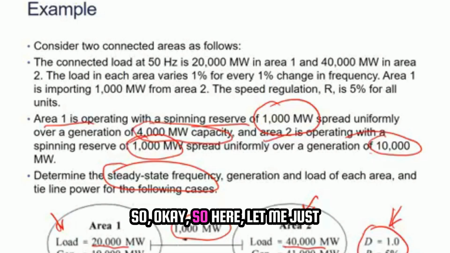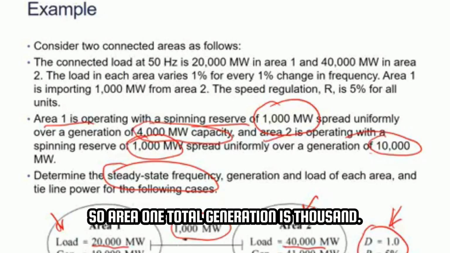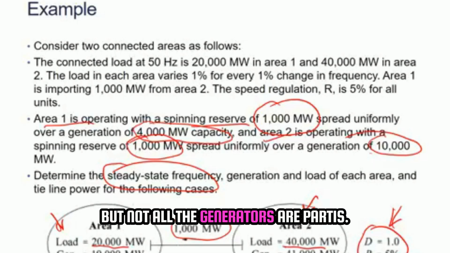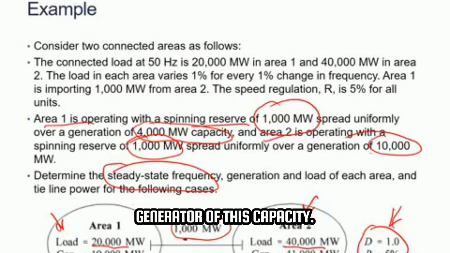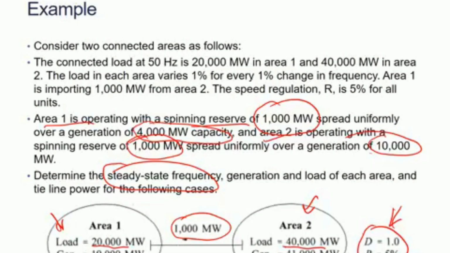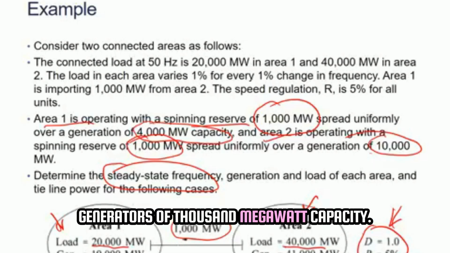Let me explain both area 1 and area 2. Area 1 total generation is 19,000 megawatt, but not all the generators are participating. Obviously, there will not be a single generator of this capacity. It's a very huge value, so there will be multiple generators. Let's assume there are 19 generators of 1000 megawatt capacity.